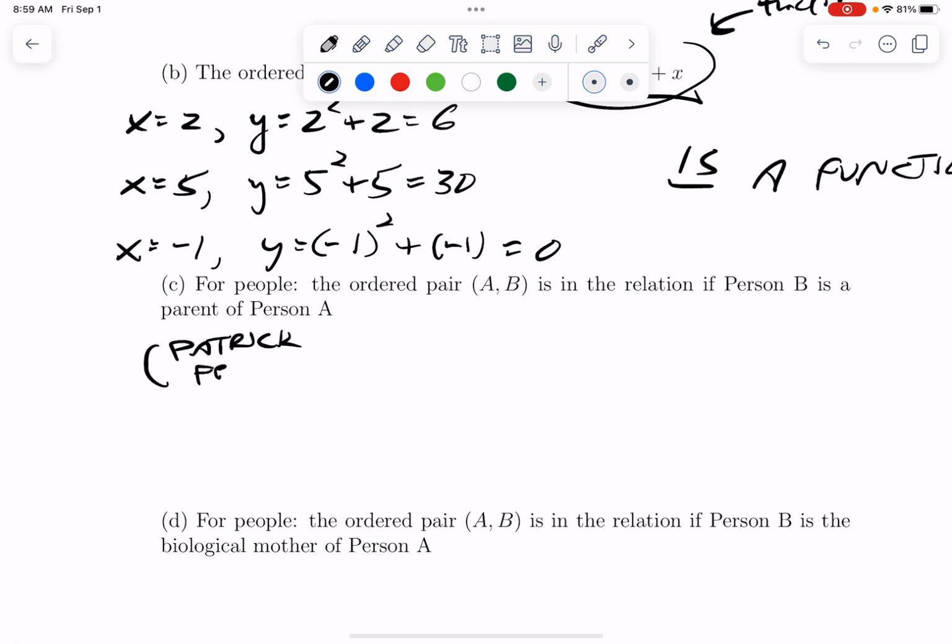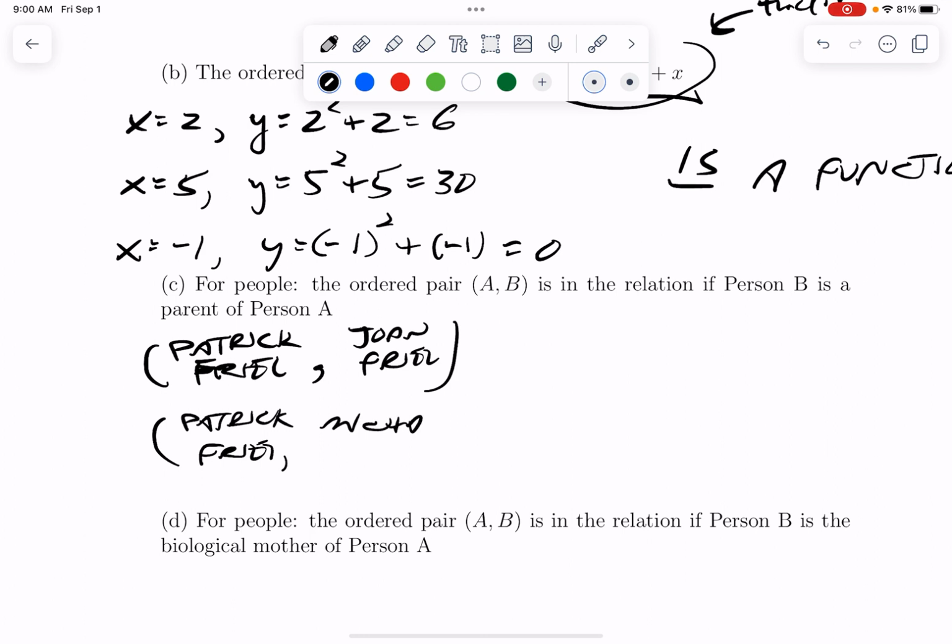If I am the input, who is the corresponding output? The corresponding output would be a parent of mine. So it could be my mother, or it could be my father. So this is not a function.